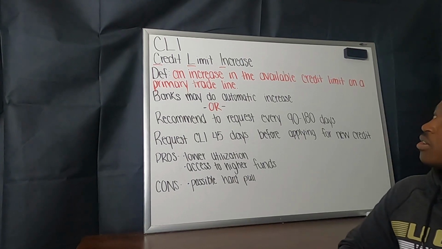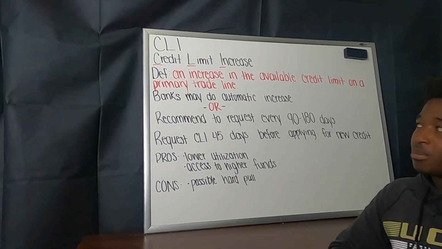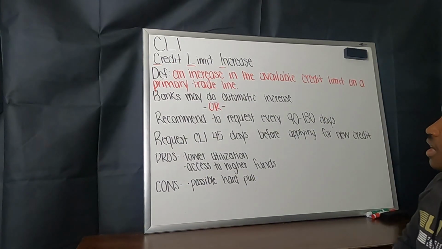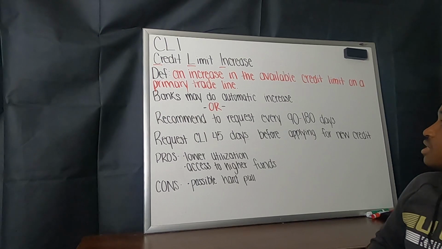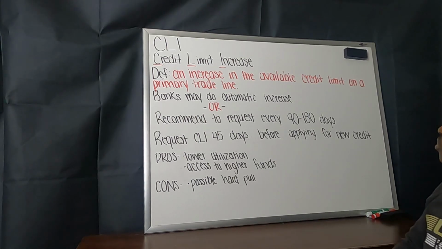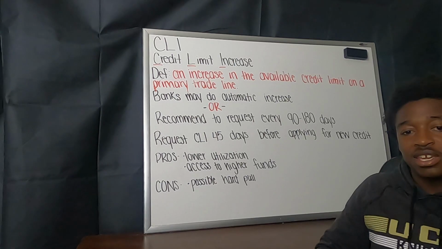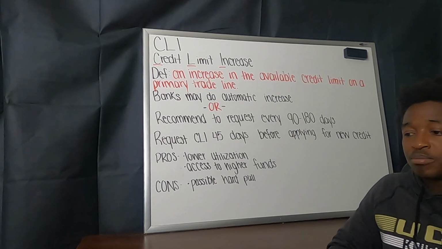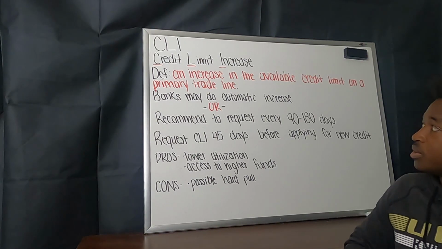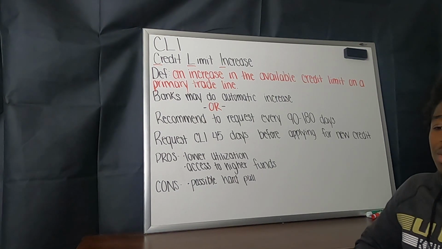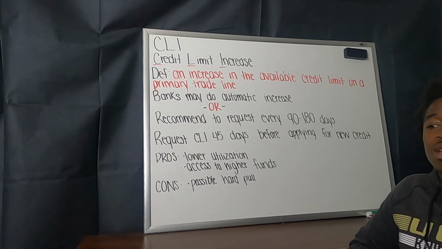So today we're starting off with CLI. This is an abbreviation for credit limit increase. A credit limit increase is an increase in the available credit limit on a primary trade line. I know for those of us in this industry, you could argue that credit limit increases also apply to authorized user trade lines.